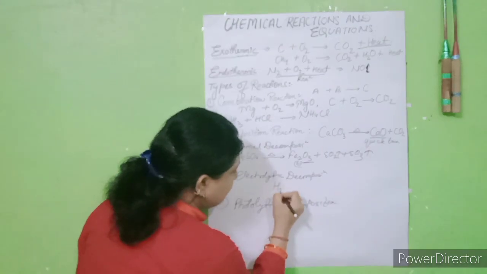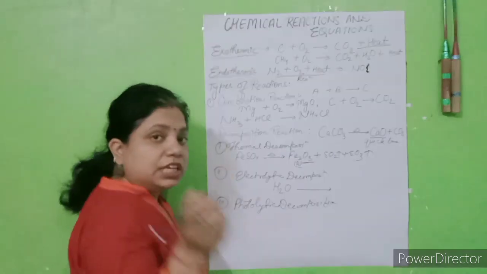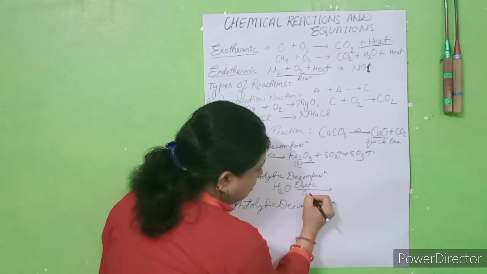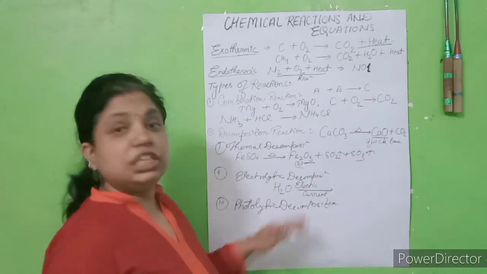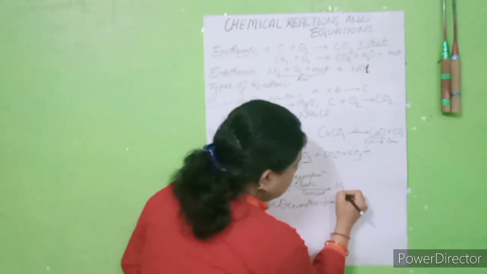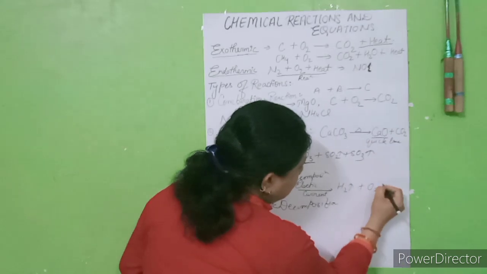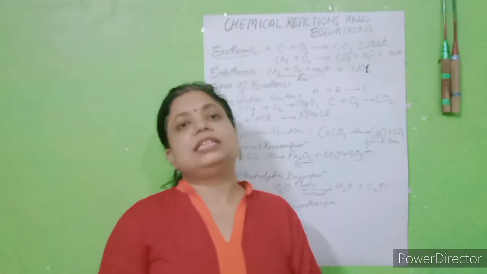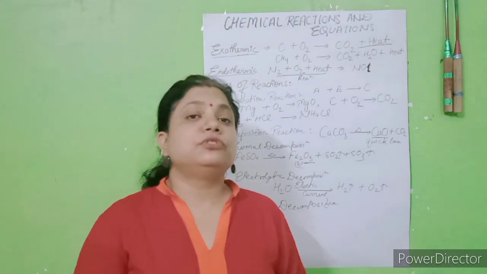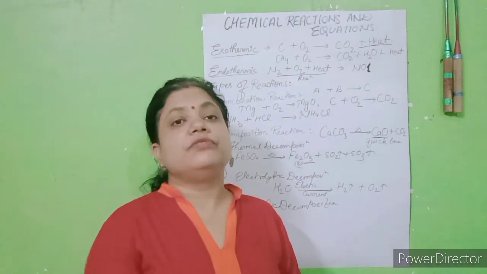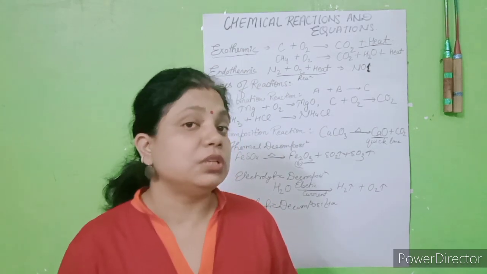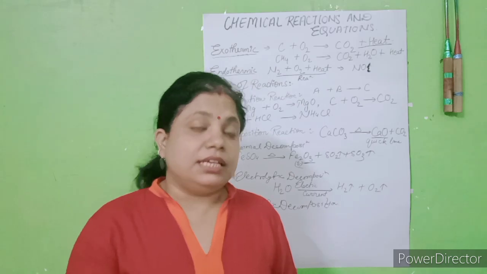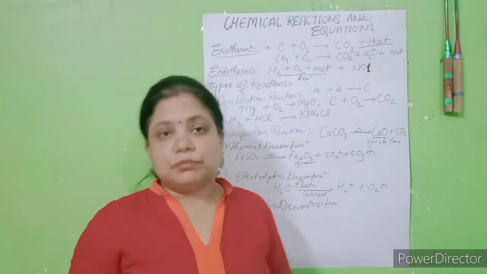Suppose this is H2O. When electric current passes, here we write electric current, it will be changed into hydrogen and oxygen gas. This is electrolytic decomposition. Another example, students, is decomposition of sodium chloride, which will be converted into sodium plus chlorine gas, where the energy is used in the form of electric current. That is known as electrolytic decomposition.